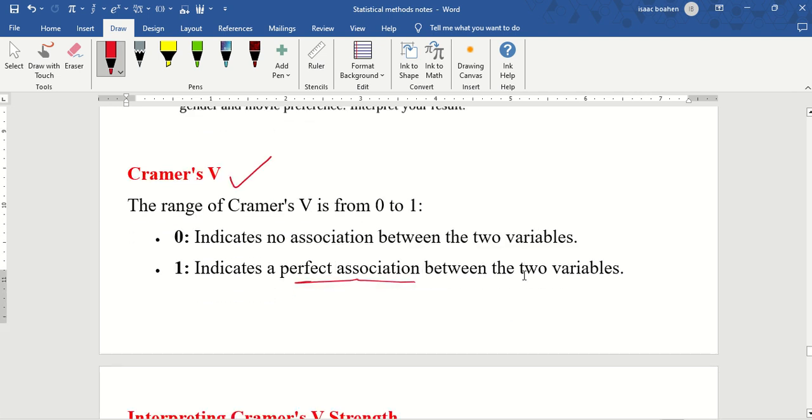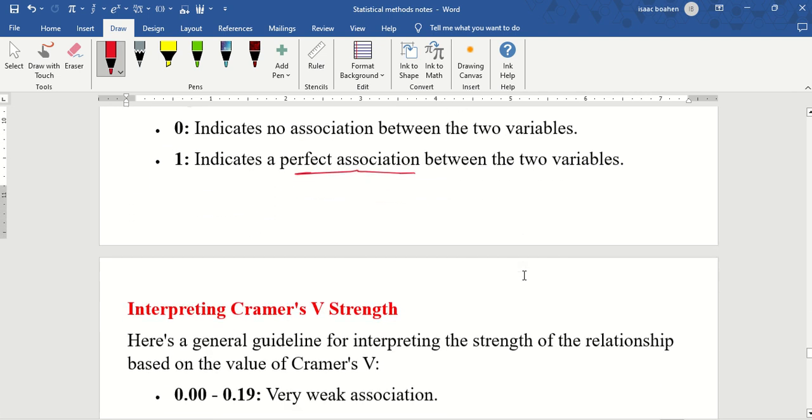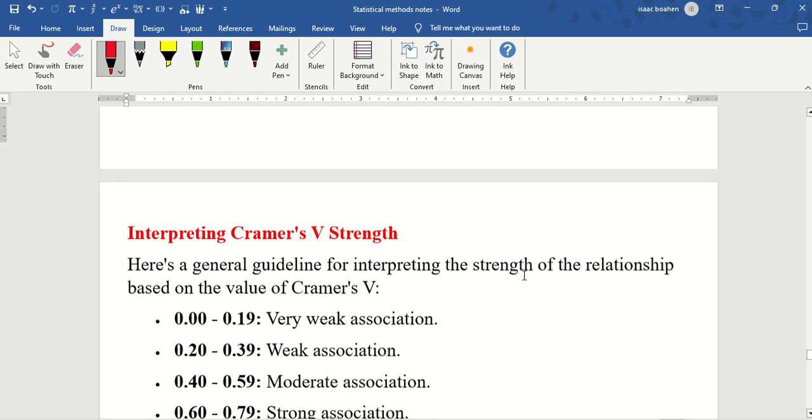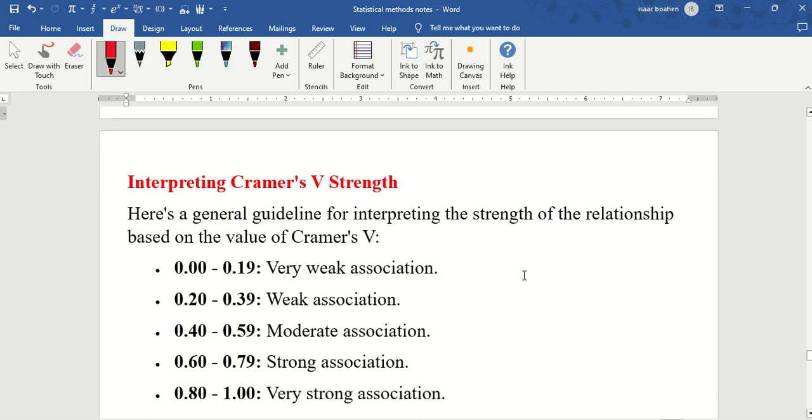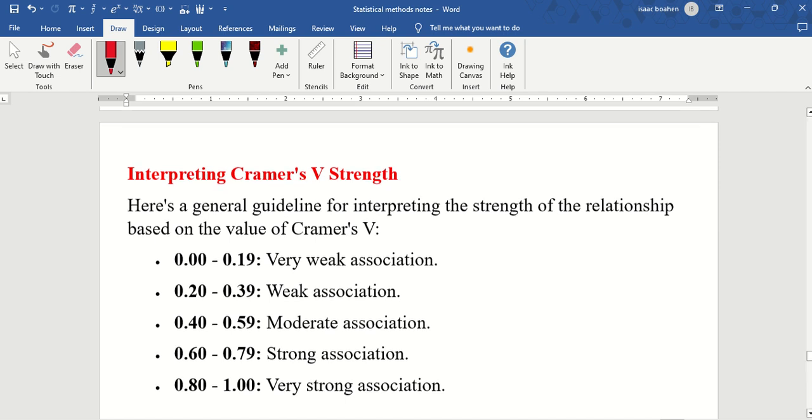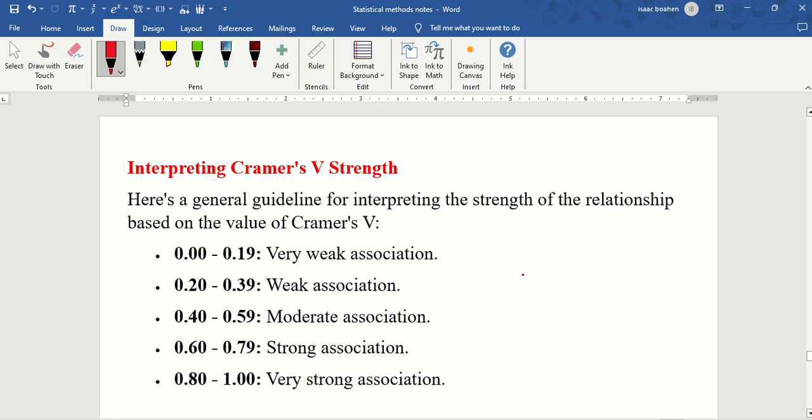So let us look at this data. For interpreting Cramer's V we can use this to guide us. If your value is somewhere from 0.00 to 0.19, then there is a very weak association. From 0.20 to 0.39, weak association.